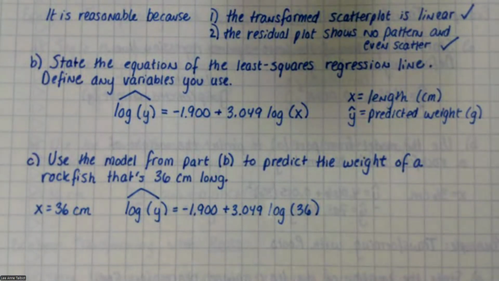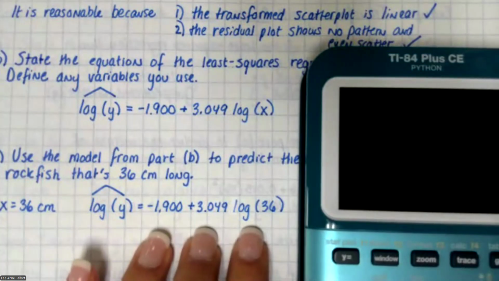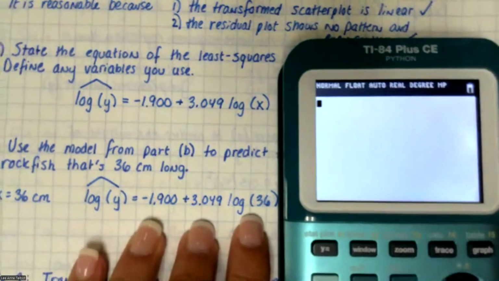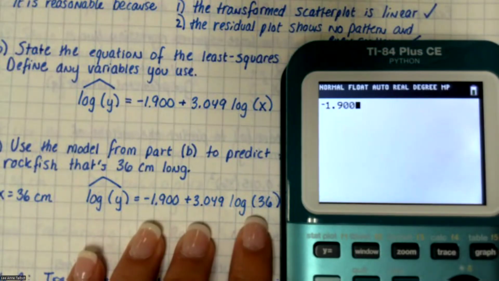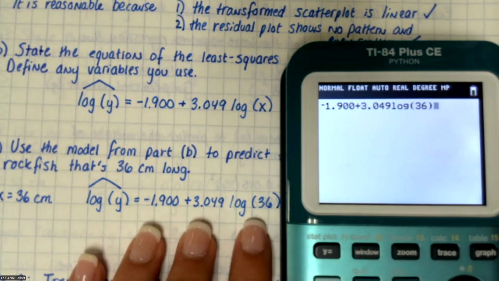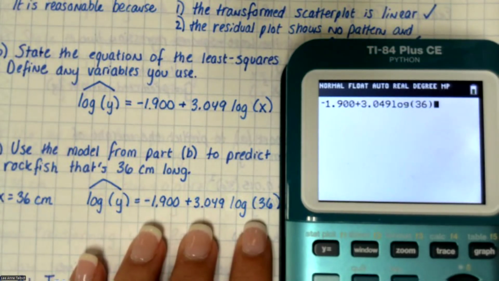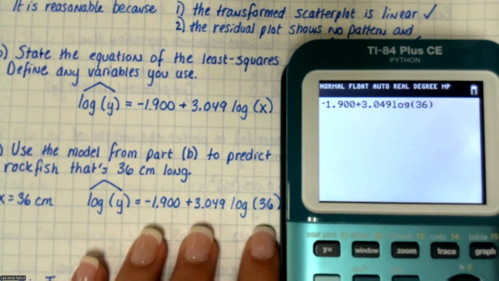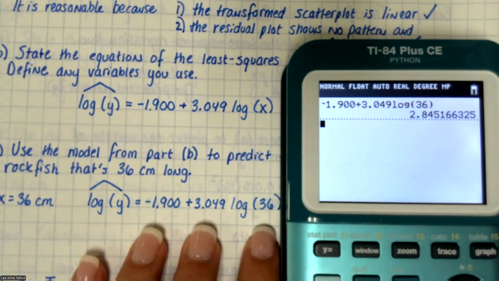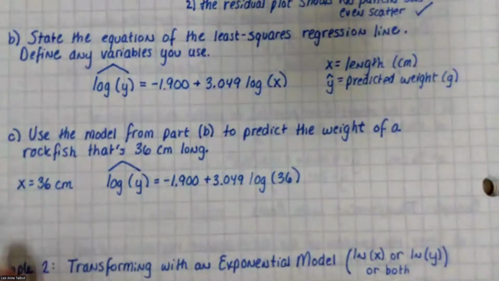Okay, calculator time. So I'm just going to type in this part. Remind yourself where the log button lives on your calculator. It's right next to the 7. That gives 2.845.